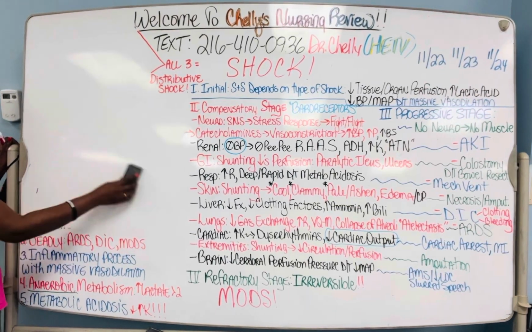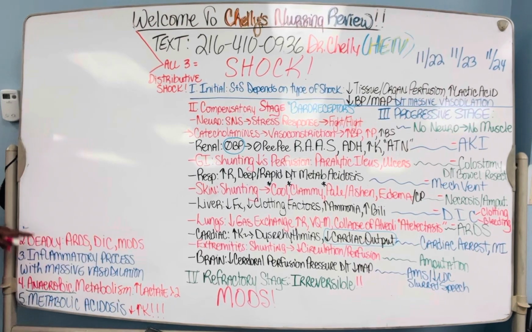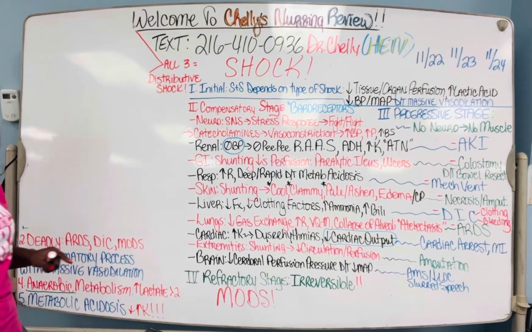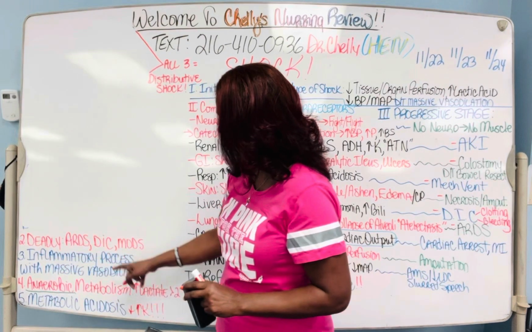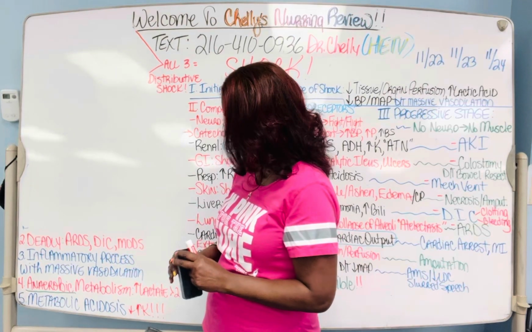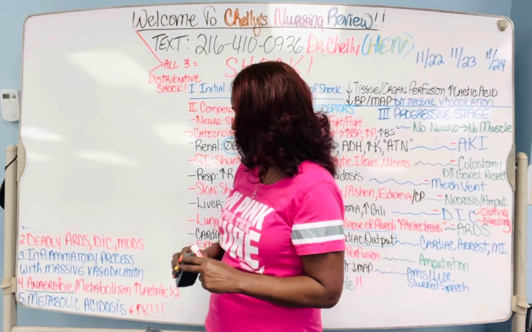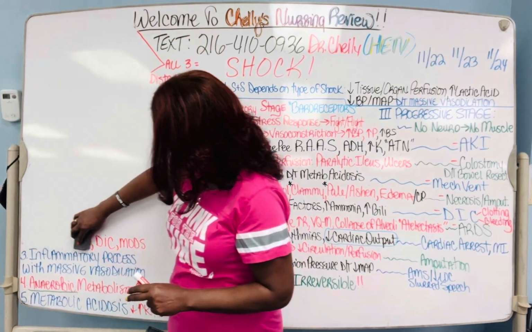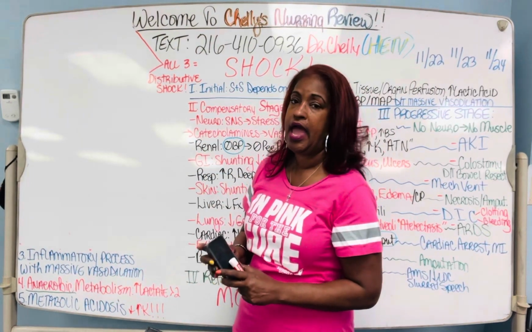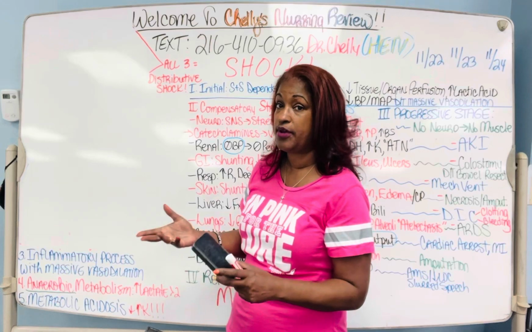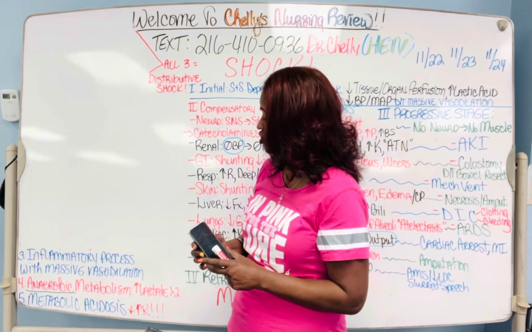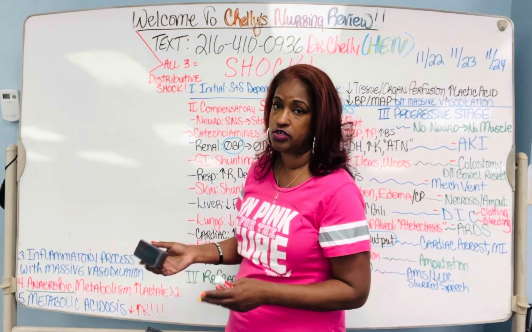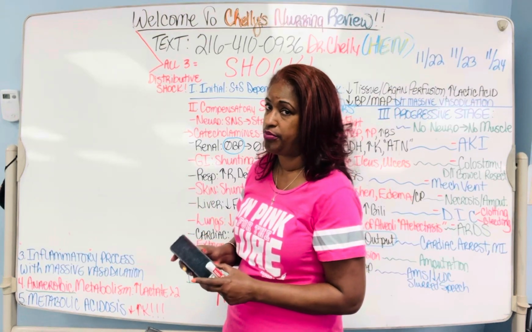What else is shock? Shock is deadly. How do you die? You die from ARDS, DIC, and MODS, or multiple organ dysfunction syndrome. What else is shock? It's inflammatory. And inflammatory or inflammation causes vasodilation, and massive vasodilation serves to decrease the blood pressure.